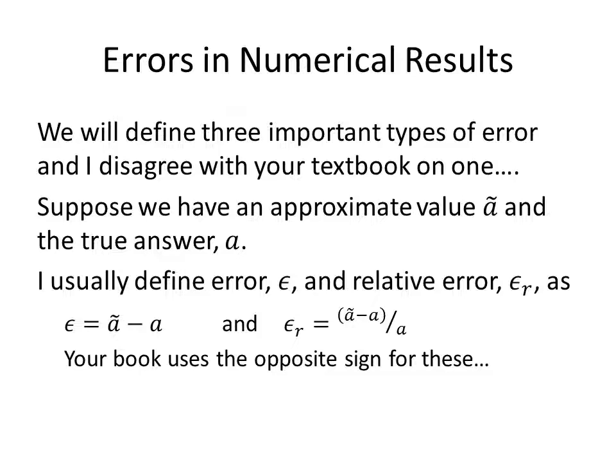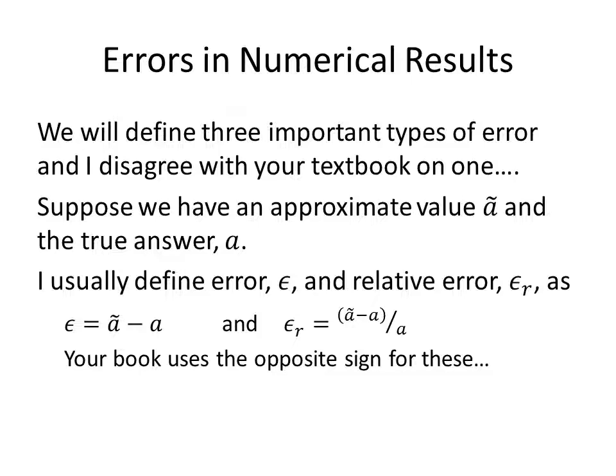When we're looking at errors in numerical results, we commonly need to look at how much error is in your result. This is one of the more important things that we do when we're using any numerical approximation method. So what I'd like to do is point out that your textbook and I have a difference of opinion on this, and I think I'm in the majority of how most people would perceive the definition of error.